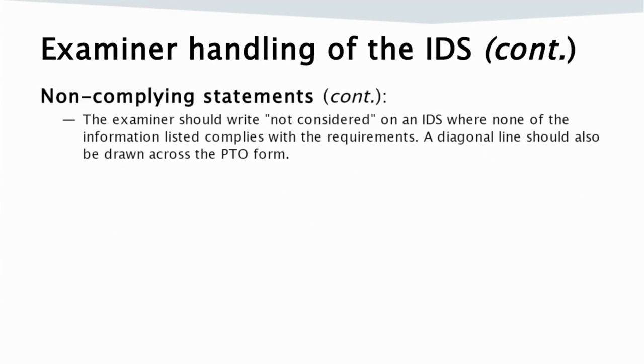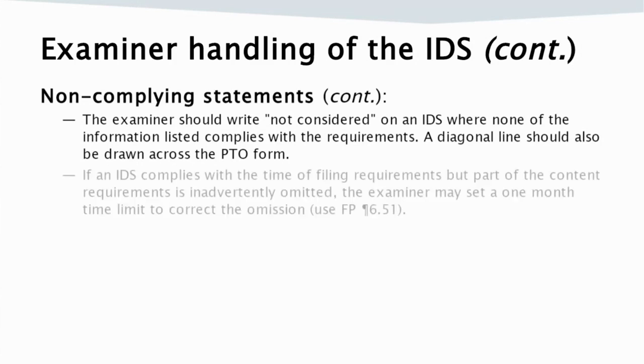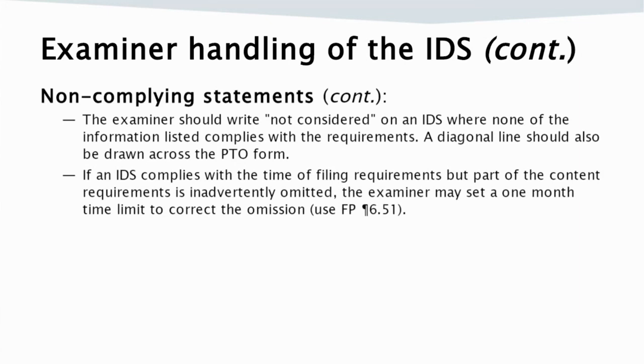An examiner should line through items not considered on form PTO/SB/08A or 08B. If all items are not considered, then the examiner can write "not considered" with a diagonal line drawn across the form.